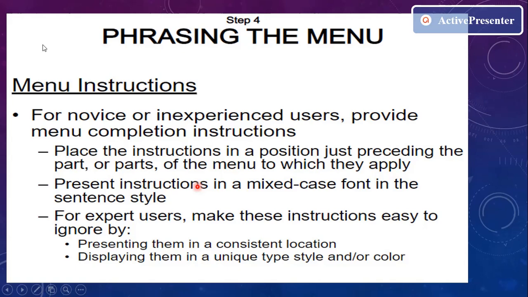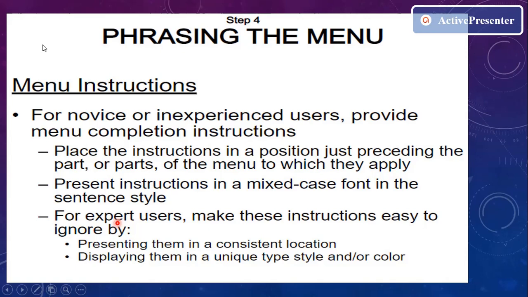Normally these menu instructions are used by novice or inexperienced users, but sometimes expert users also use them. Whenever you present menu instructions for expert users, they should be presented in the same location. Suppose you close the system once and again you open up the system, the location of the menu should not be changed.